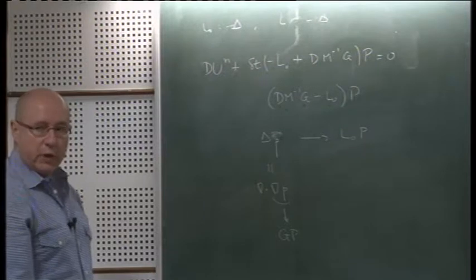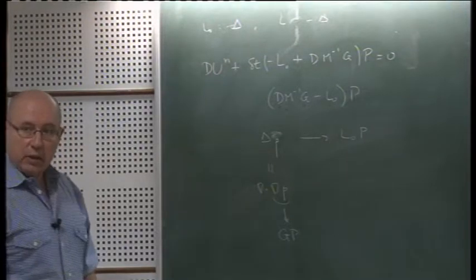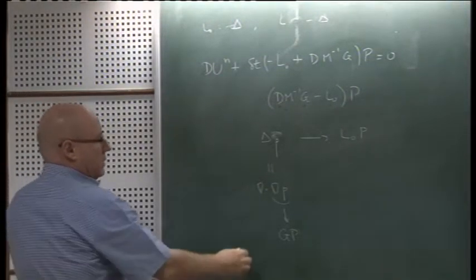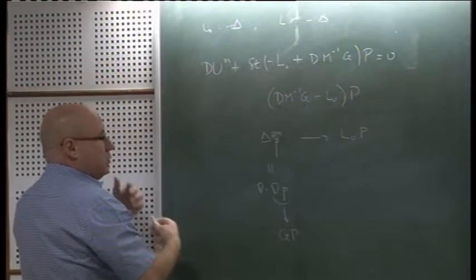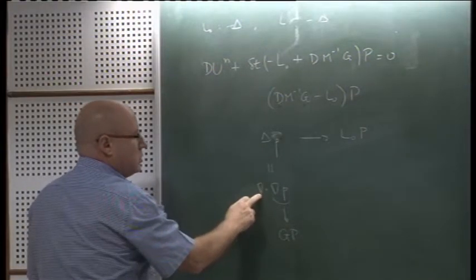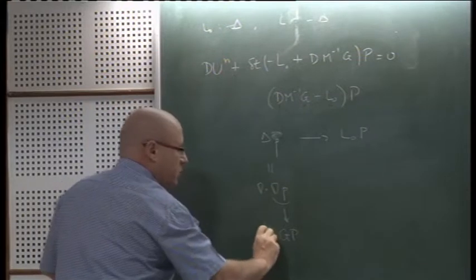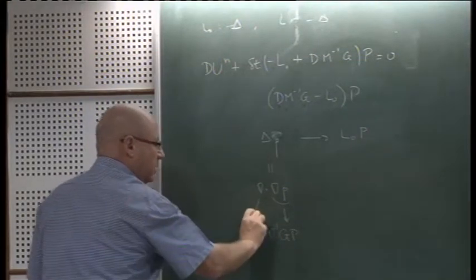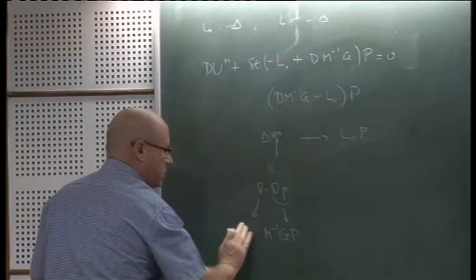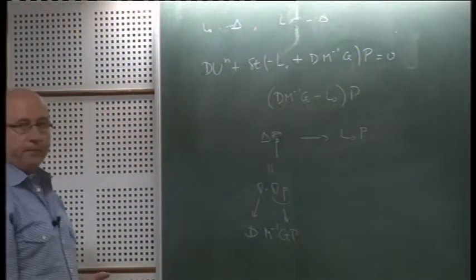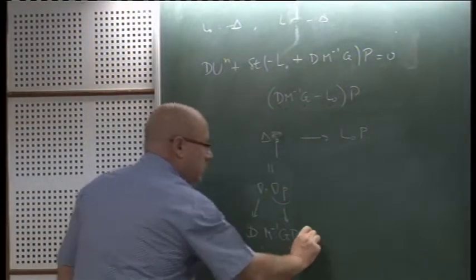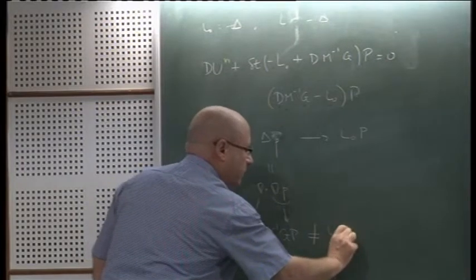Then you have to project it back to the space of velocities so as to be able to take the divergence. You take the divergence, and this happens to be different from the Laplacian of the pressure.